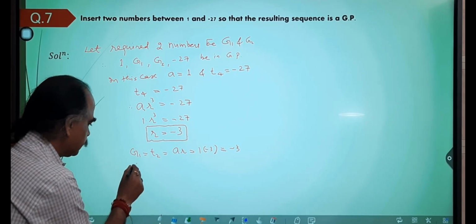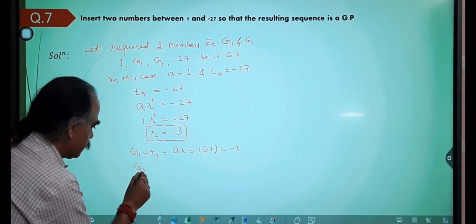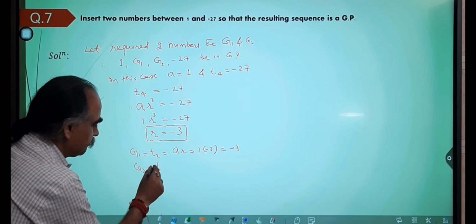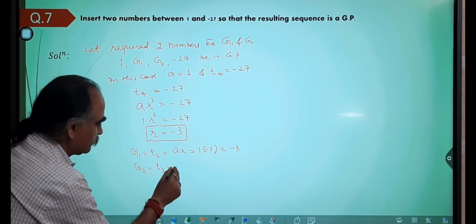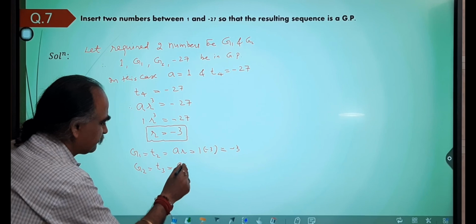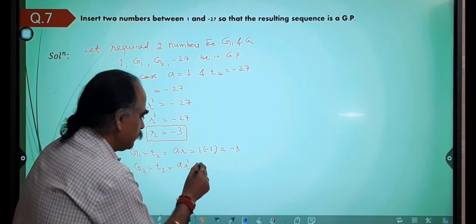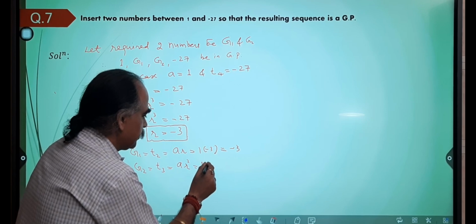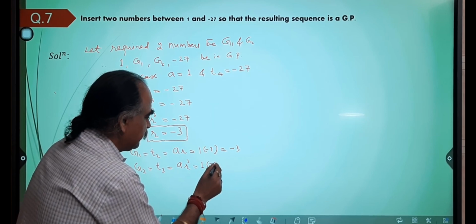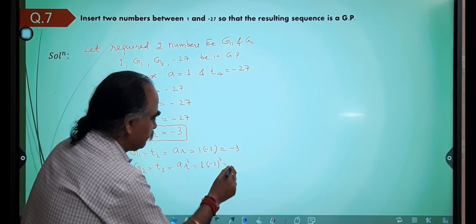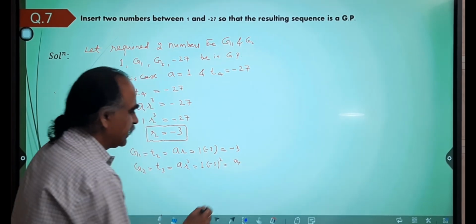And G2 is what? Third term. And third term by formula is AR square, which is 1 into minus 3 square, will give you plus 9.